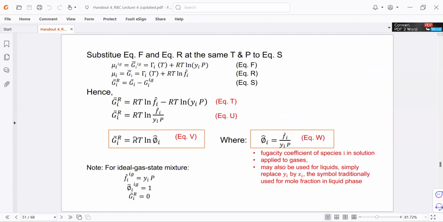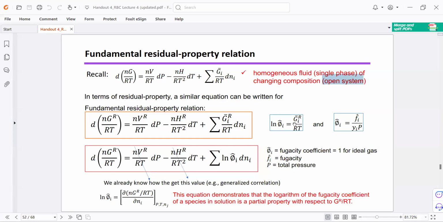So just transfer RT to the denominator of the left-hand side of the equation. This is the same equation as before, so we can replace this one, where our phi hat is equal to f_i hat over the partial pressure. So just transform this equation to this one because we already derived an expression for this term right here. So we end up with this equation.